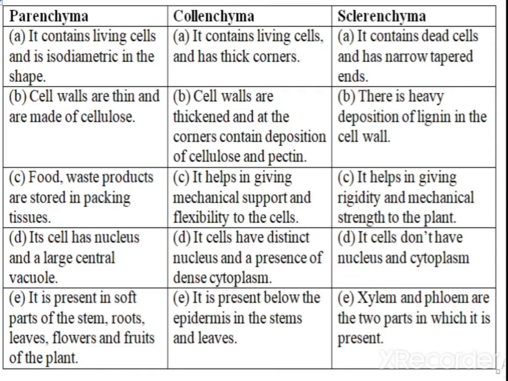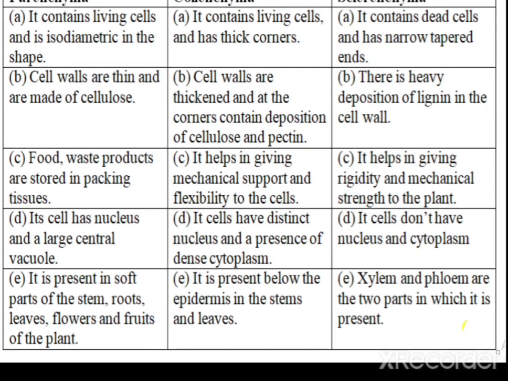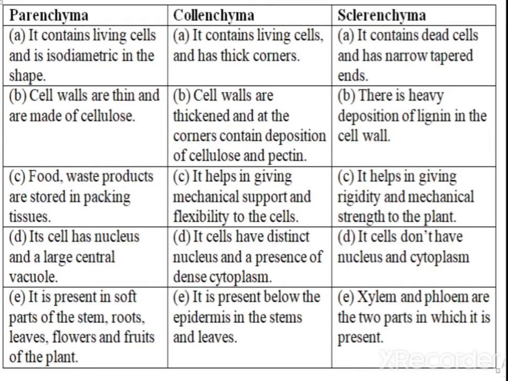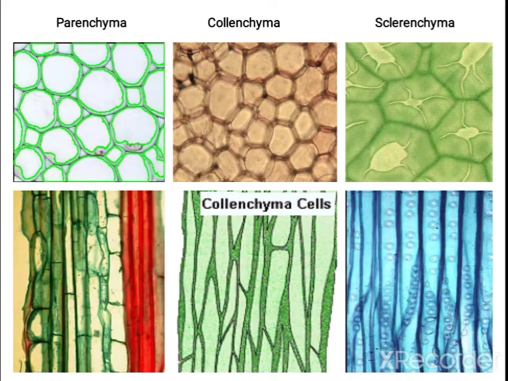Parenchyma is present in the soft parts of stem, root, leaves, flowers and so on. Collenchyma is present below the epidermis in the stem and leaves. Xylem and phloem are the main parts where you can see sclerenchyma. Apart from that, wherever hard shells and nuts are there, you can also see sclerenchyma, as the sclerenchyma cells are thick and dead.